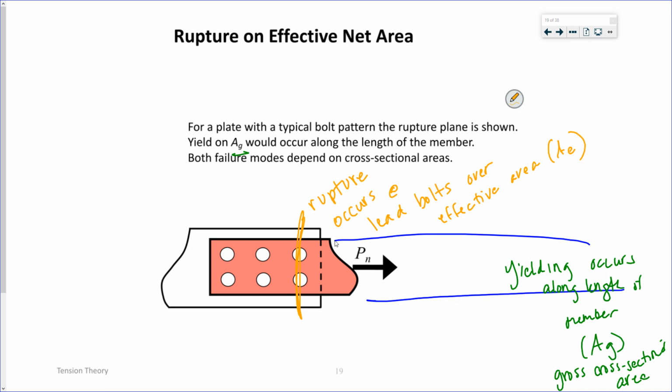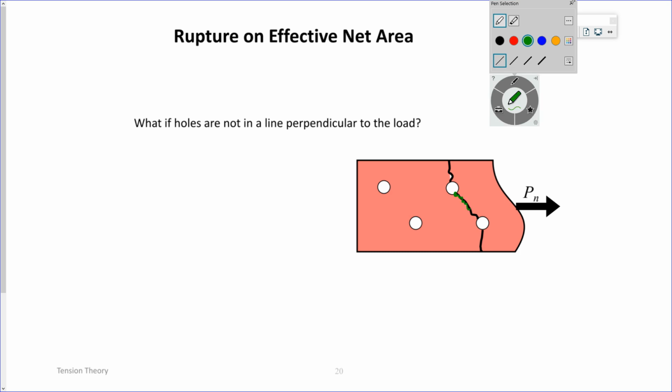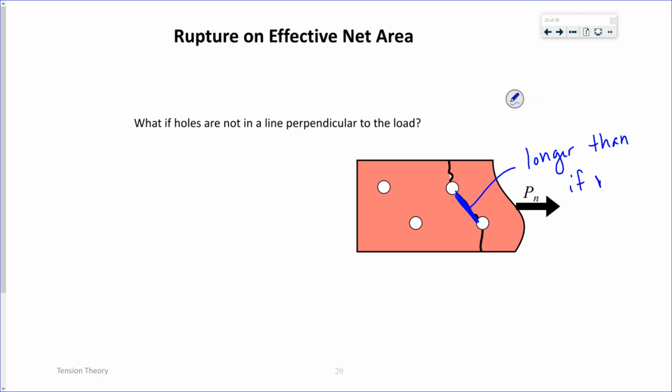One more thing to talk about before we pause. What if our holes are not in a line perpendicular to the load, right? What if they're staggered? Well, if we look right at this length, let's draw these up better. This length right here, hope nobody's red-green colorblind. This length is longer than if they were not staggered.